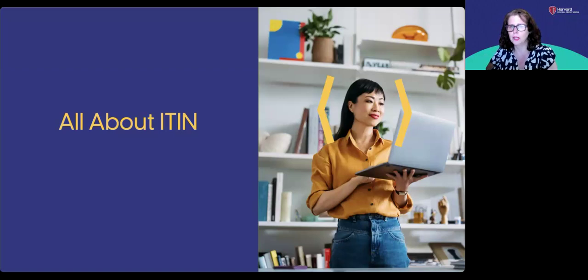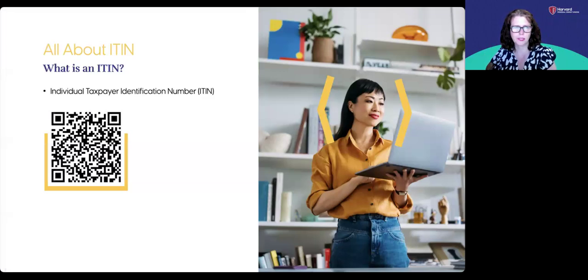All right, so Individual Taxpayer Identification Numbers. What is it? When you arrive in the United States for the first time, you're going to need documentation to establish yourself. You're going to need identification cards for visas and other immigration documents. Eventually, you're going to either need a Social Security number or an individual taxpayer ID number.